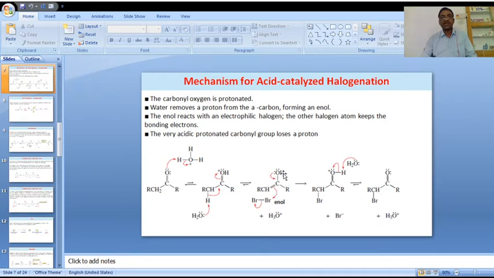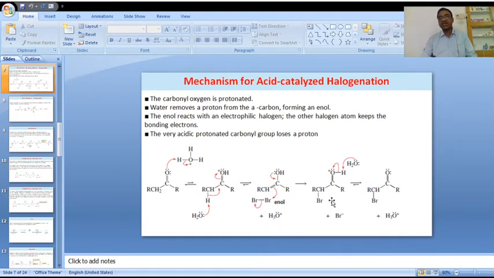This enol reacts with the electrophilic halogen. Here, in the electrophilic halogen, the other halogen atom keeps the bonding electrons. It turns into bromide minus, here, bromide ion. Hydronium ion is also removed from the reaction.